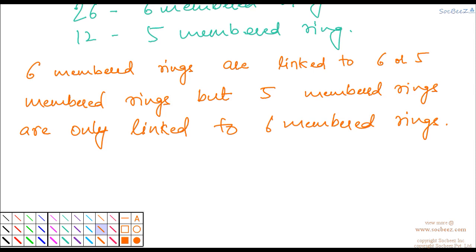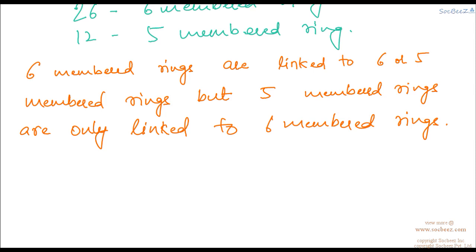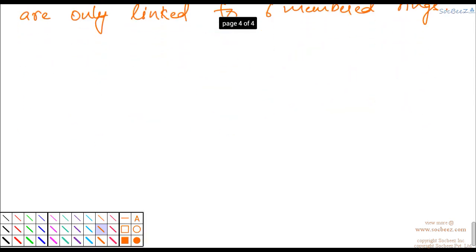This means that no 2 5-membered rings are linked with each other. This is another important feature of Buckminsterfullerene.